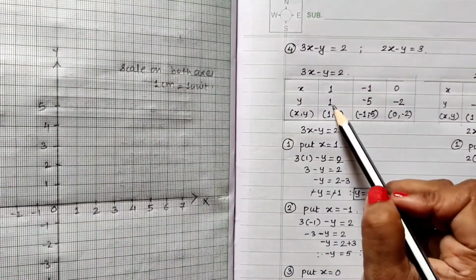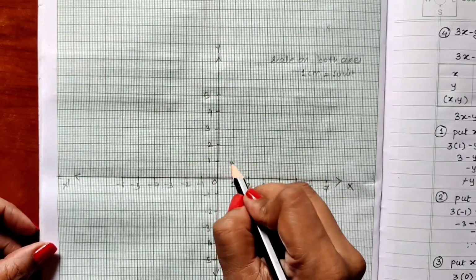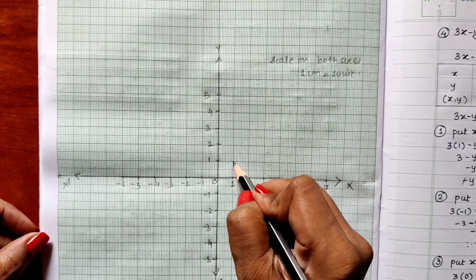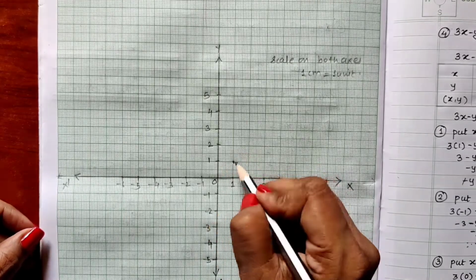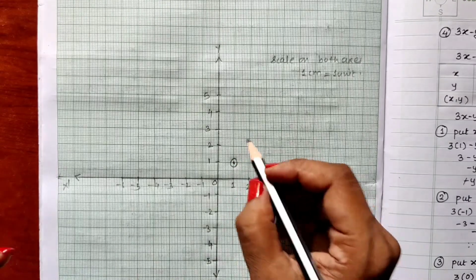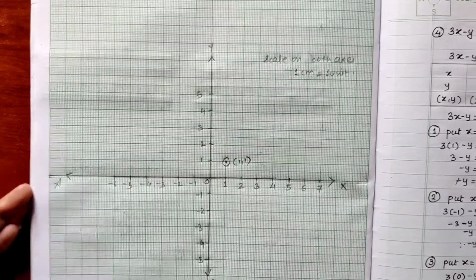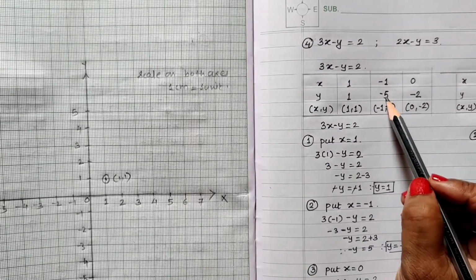First is 1, 1. X is also 1, y is also 1. So start from x 1, go till y 1. The x coordinate is 1, we will have to go till the y coordinate 1. So this is point 1, 1. Now let us see the next point, minus 1, minus 5.